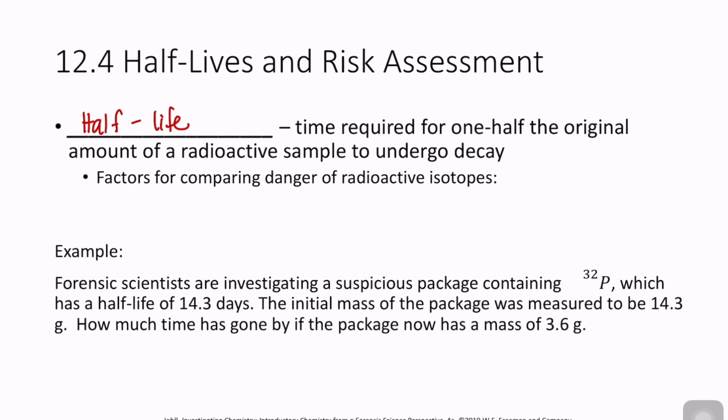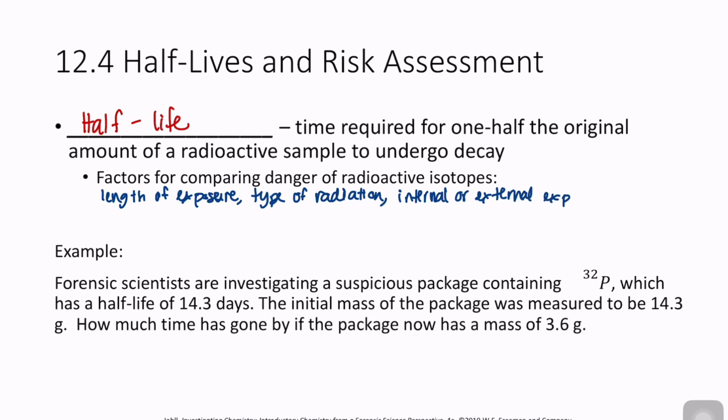There are a lot of different things that we can use to compare the danger of radioactive isotopes. So we can look at the length of exposure, the type of radiation, internal or external exposure.